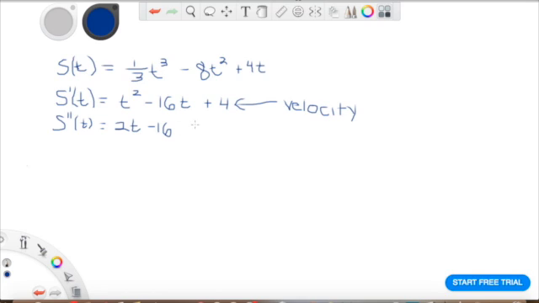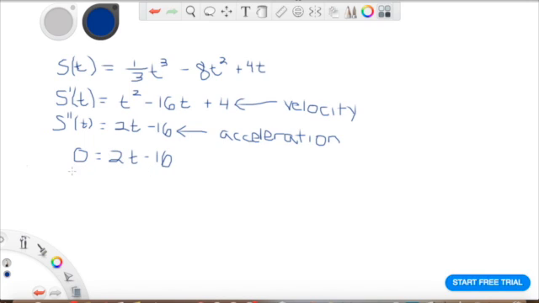So the question asks what is the velocity when acceleration is 0? So we just need to find when acceleration is 0. Okay, so that is our acceleration. So we need to find when this is equal to 0. So we're just going to make that equal 0. So that is 2t minus 16 equals 0.